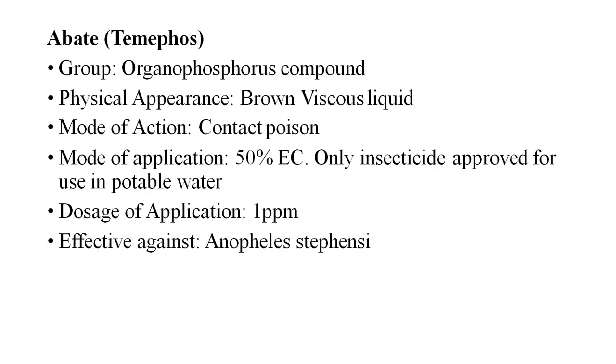So Abate comes under the group organophosphorus compounds, OP. Physical appearance is brown viscous liquid. Its mode of action: contact poison. Mode of application: 50% emulsifiable concentrate. It is the only insecticide approved for use in potable water.